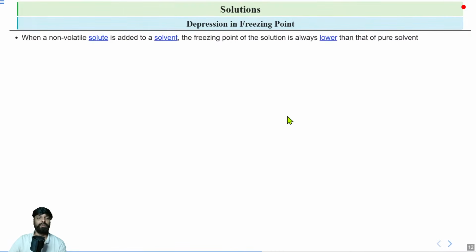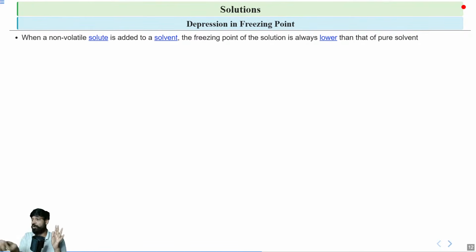Now moving on to the depression in freezing point. So we have seen that upon addition of a non-volatile solute, first thing that happens is the lowering of the vapor pressure. Second thing that happens is your elevation in the boiling point, and third thing that will occur is your depression in freezing point. That means your freezing point will go even down. So suppose the freezing point of water is 0 degrees Celsius, right?